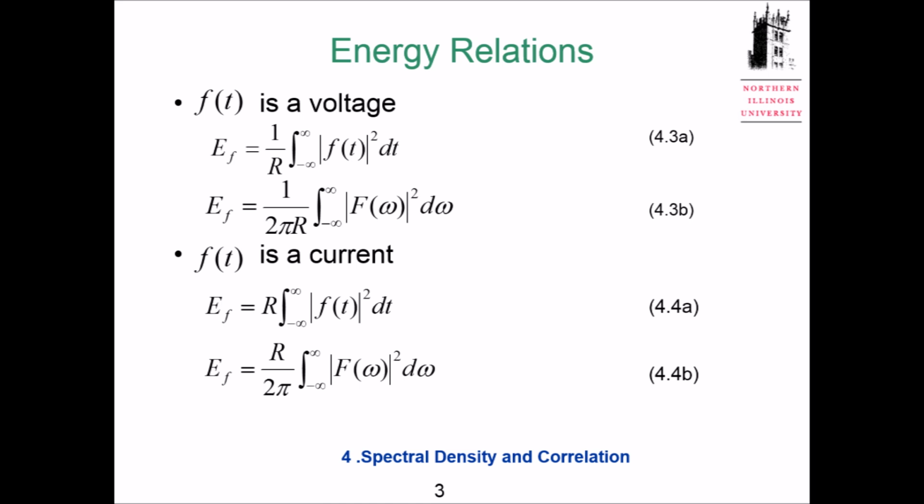Okay, now a little further. We have two sets of equations, like 4.3 a and b. If the signal f of t is voltage, we know V squared over R is the power. Integrating power, we get energy.